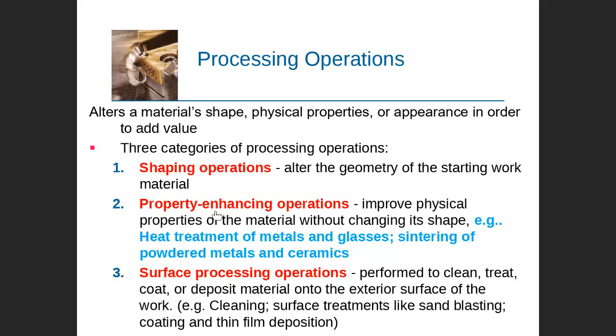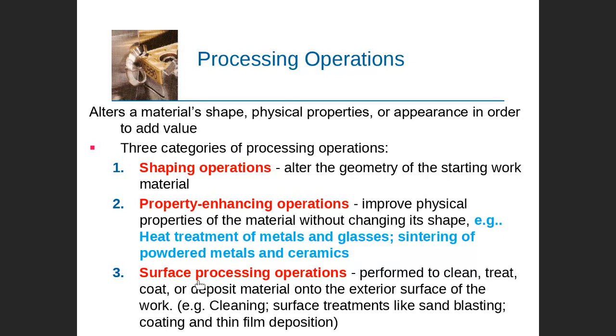Second, property enhancement changes the physical and mechanical properties of the material without changing shape. The shape is already done in the first step. So when you say shaping, shaping is done here and there is no more shaping. In property enhancement there is no shaping. It is only mechanical and physical properties.